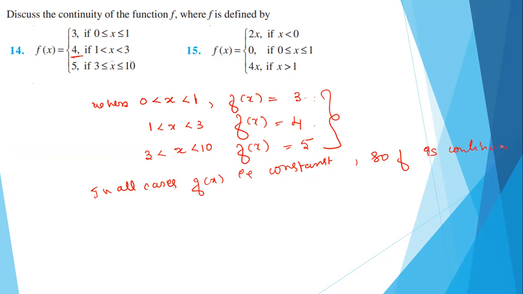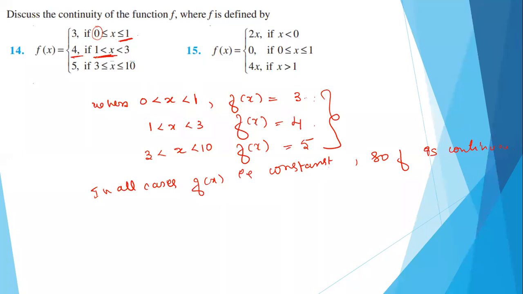Now, which are the cases remaining? We need to check at x is equal to 1, because here you have when x is less than 1 and when x is greater than 1. You need not check for x is equal to 0, because here only the x greater than 0 case is given, x less than 0 is not given. So you need not check for x is equal to 0.